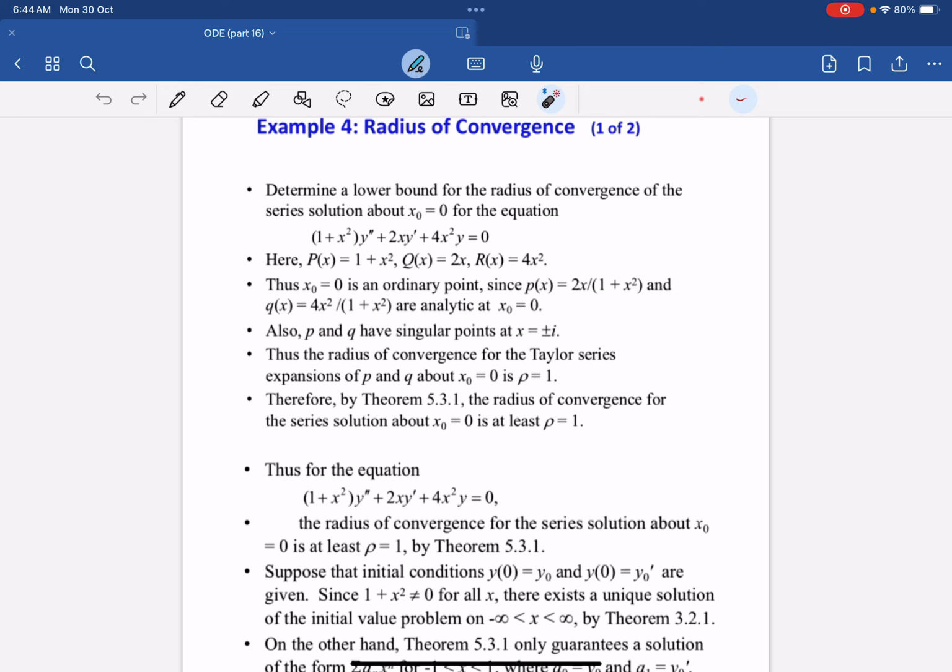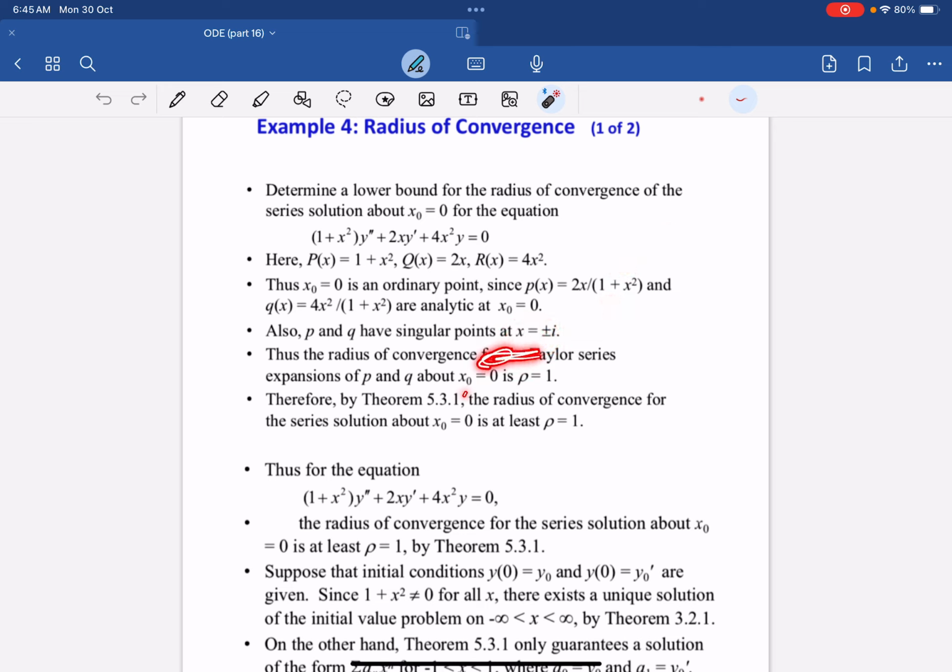The 0 here doesn't make the denominators 0 or the numerators blow up, so it's still analytic about x0 equals 0. And we already know that the complex roots of 1 plus x squared are plus or minus i.